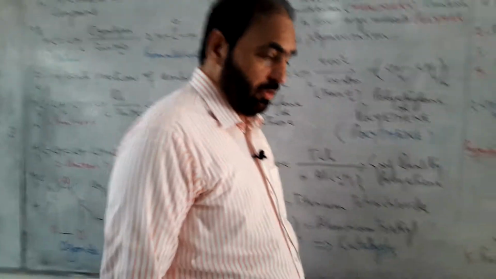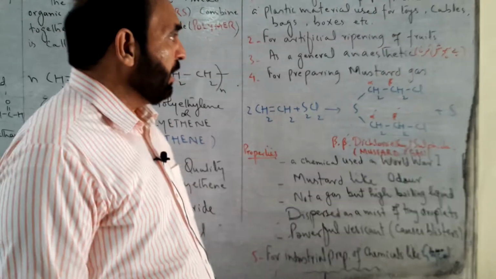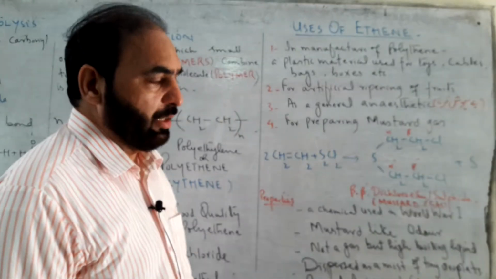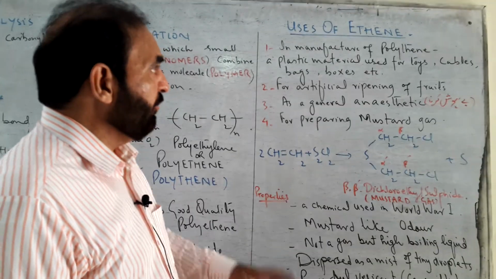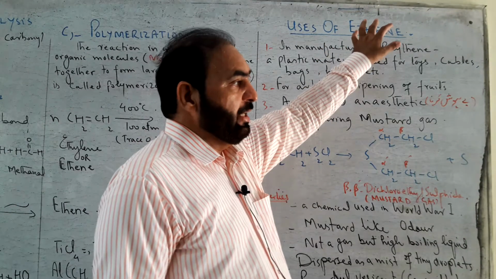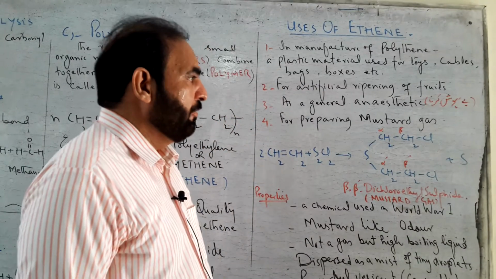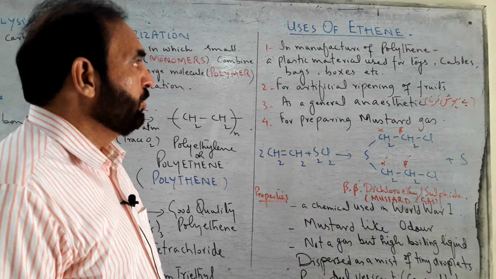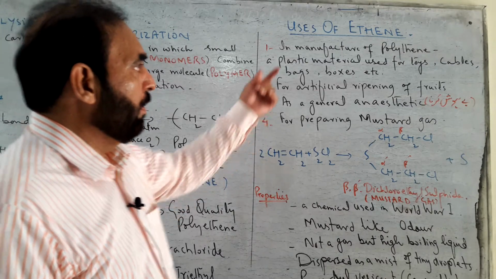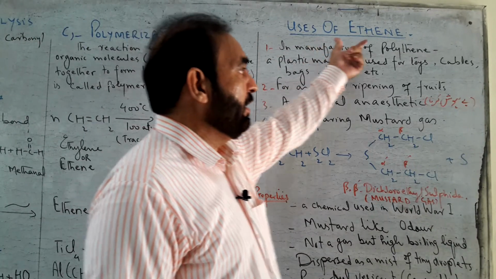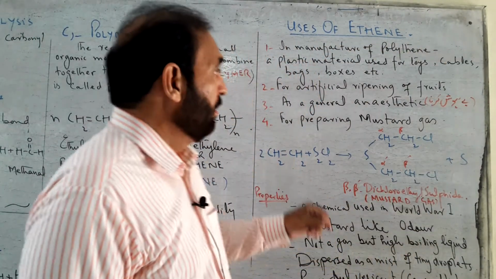Now let us see what are the uses of alkenes. From alkene family, ethene is a very important member which is used in order to manufacture polythene.